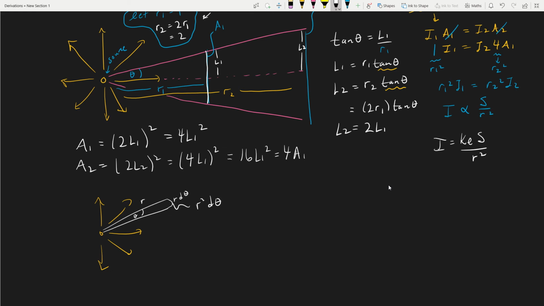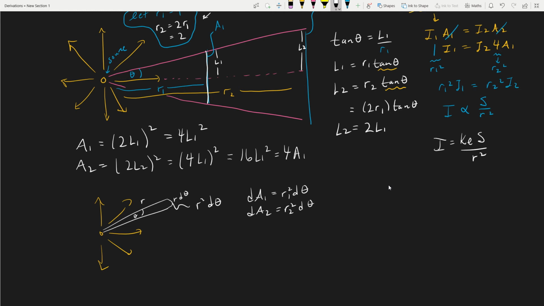So dA1 is r1 squared d theta, and dA2 is r2 squared d theta, where the theta is the same for both. Well, we get the exact same thing.